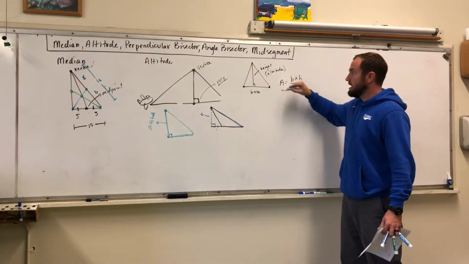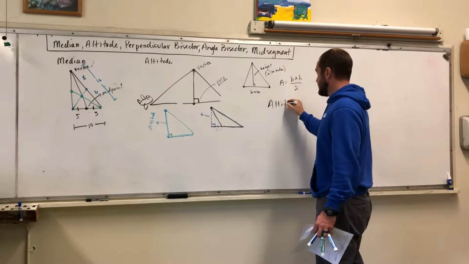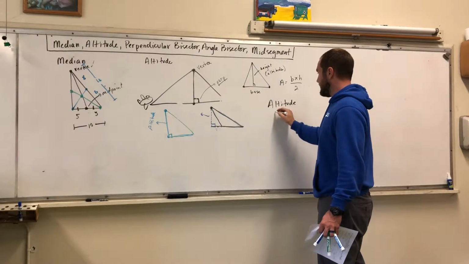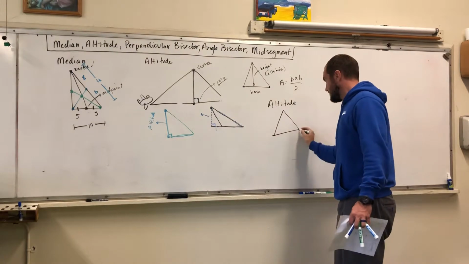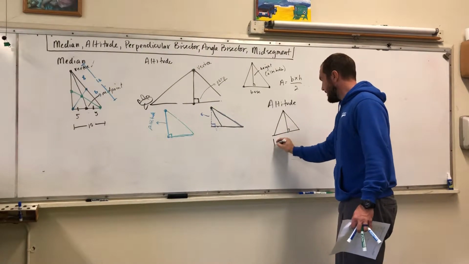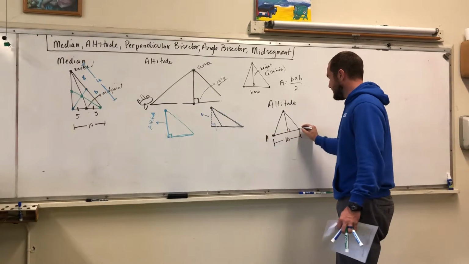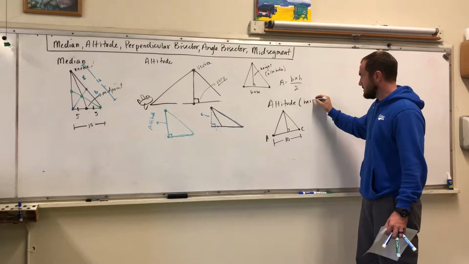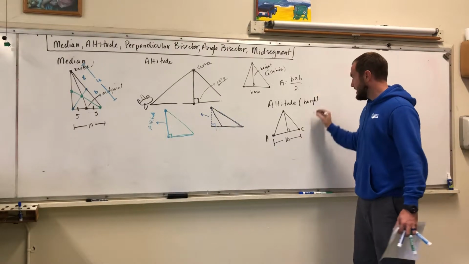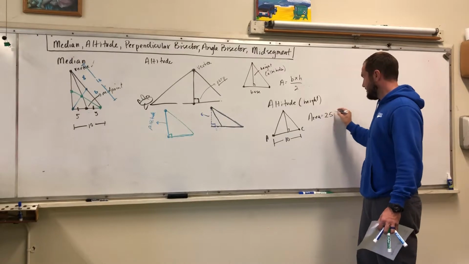All right, so now what if they asked, what is the altitude given a base of 10, or they may say AC is 10, what is the altitude or the height if the base is 10 and the area is 25?